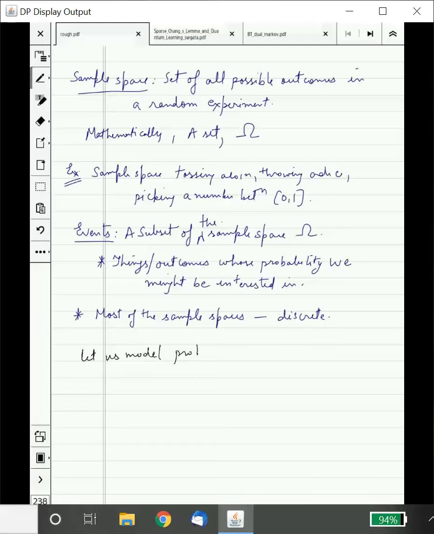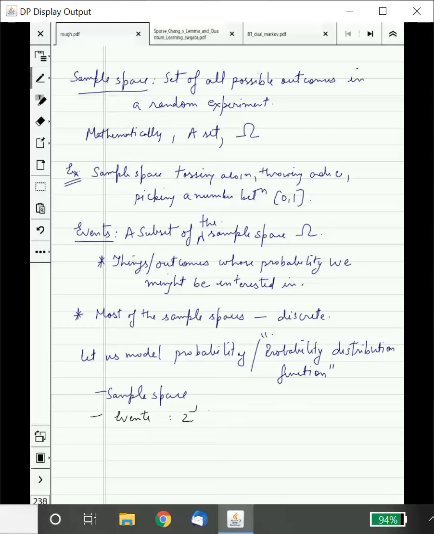When the sample space is discrete, the important thing is what we call a probability distribution function. Remember, we wanted to model an experiment. We started with sample space, events, which were all the subsets of the sample space, and finally, last but not the least, the probability distribution function. This will model our probability experiment completely.